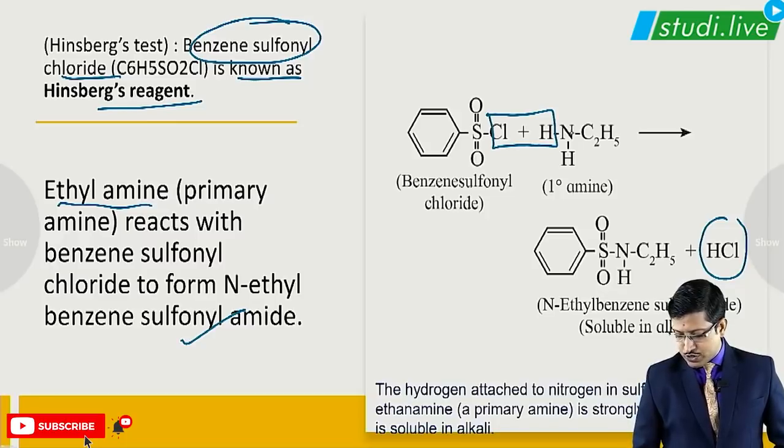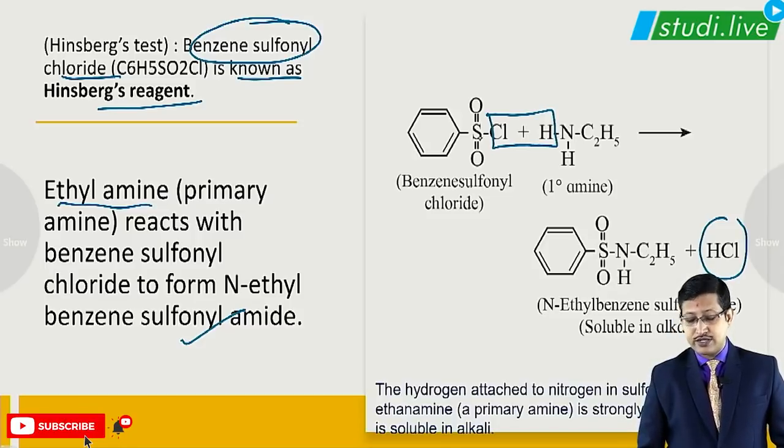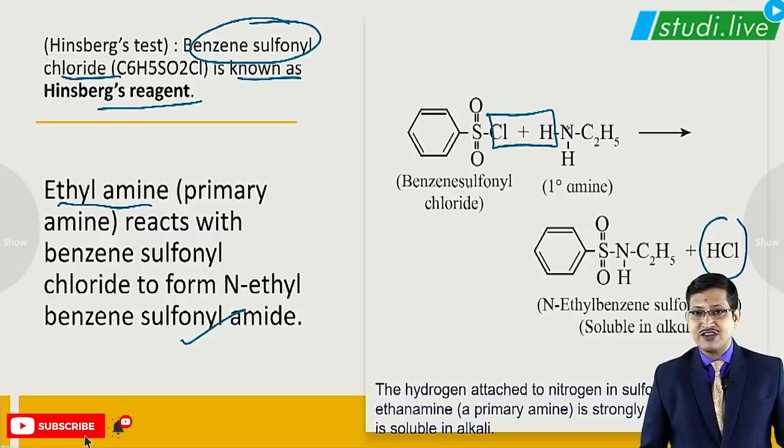This bond continues with NHC2H5. You can see here NHC2H5. So this is how you remember the reaction. See this again, S double bond O is given out. Cl will combine with this H. The byproduct is HCl. And what is left out? NHC2H5. This NHC2H5 is what is seen in the reaction.